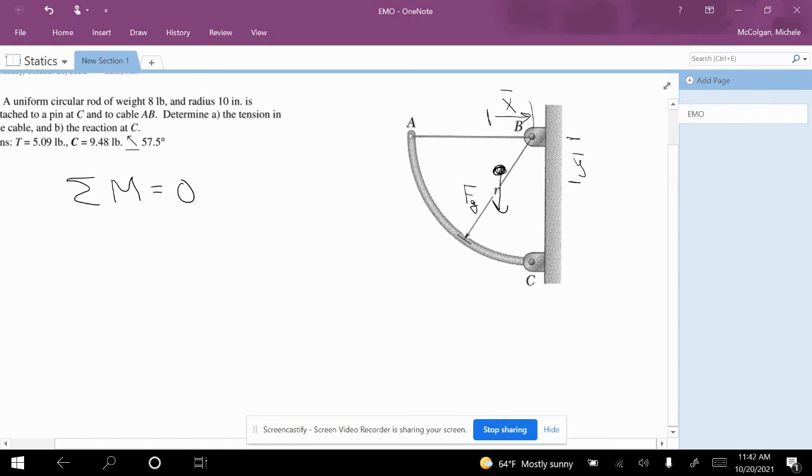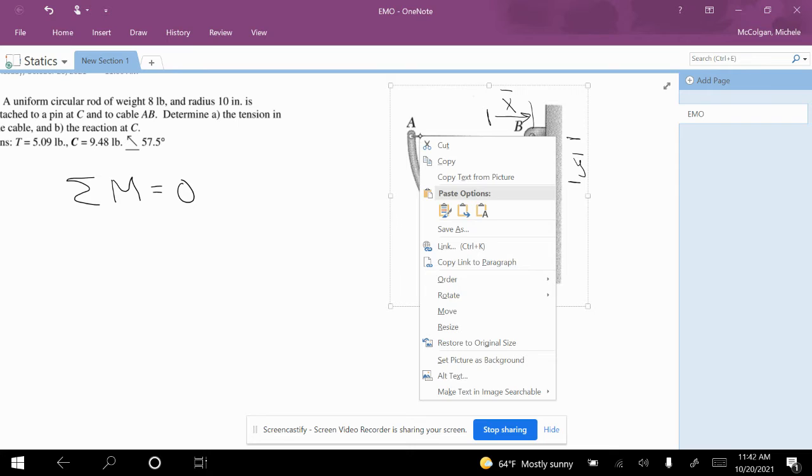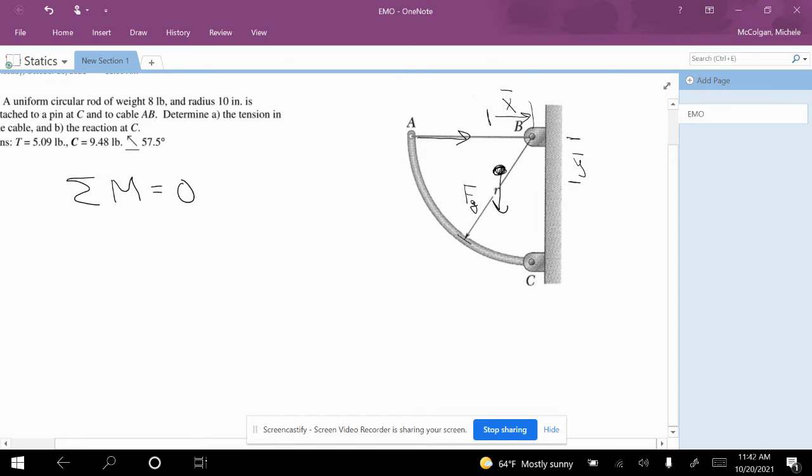And I know there's a tension on the rod. The rod is being pulled to the right by this wire, say, that's connecting it to B. One thing to think about is I know there's no reaction forces at B because it's just holding this wire in place, right? If the wire was cut, B wouldn't have any reaction force.